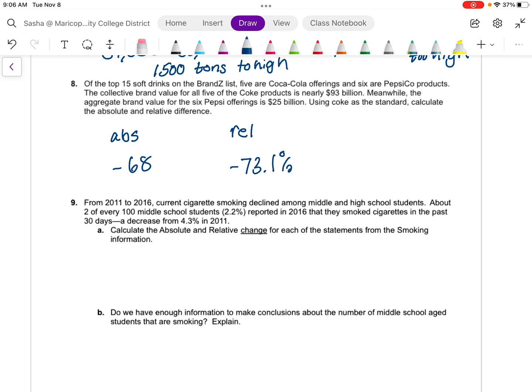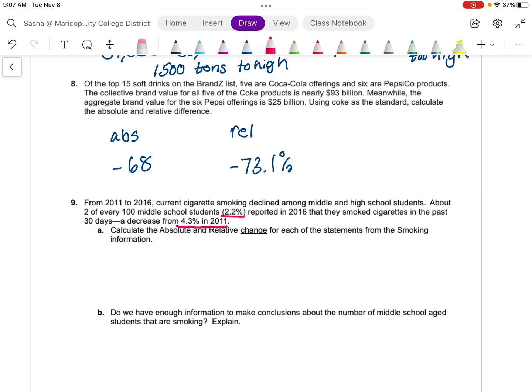I like number 9 because our data points this time aren't numerical values. They're not dollars. They're not cents. They're giving us percents. So we have the original value was 4.3% in 2011. And then in 2016, it was 2.2%. So if I want to find the absolute and relative change, I'm not subtracting numbers, dollars, people.